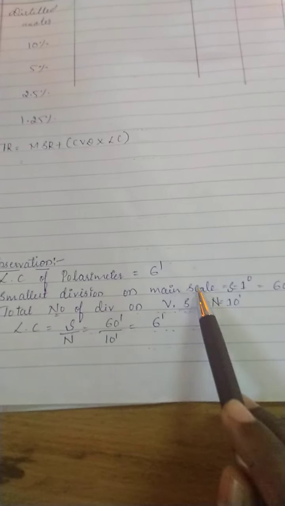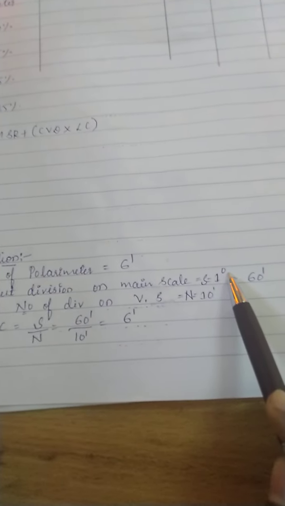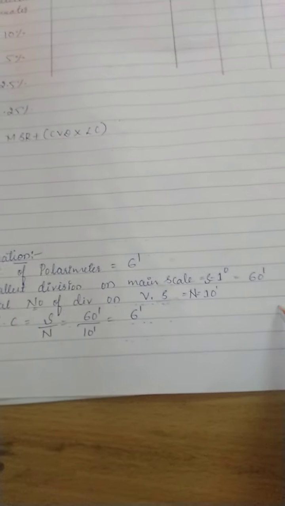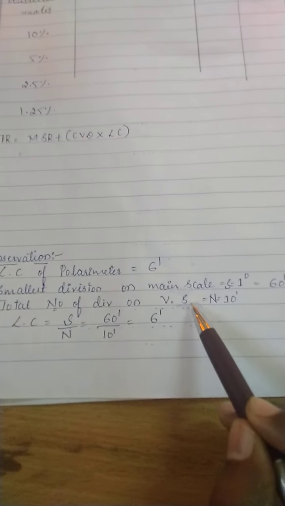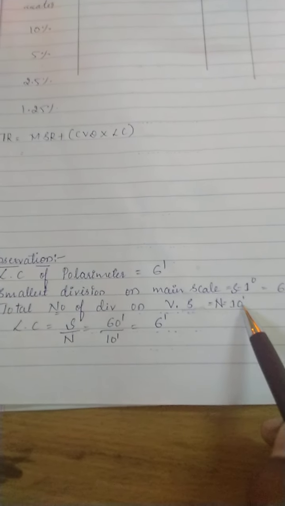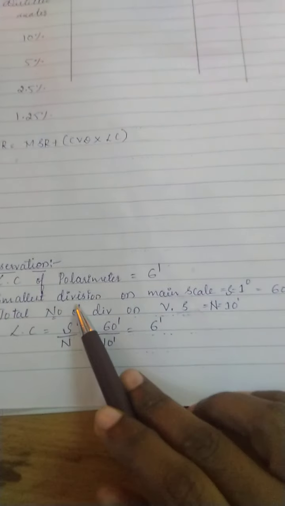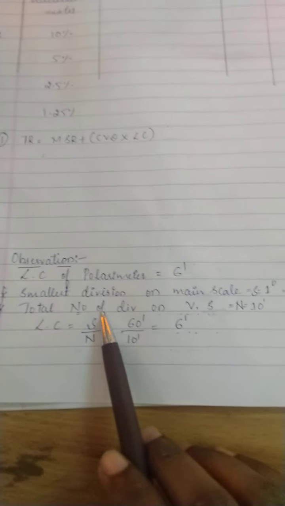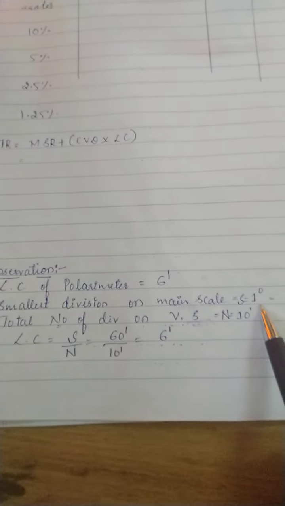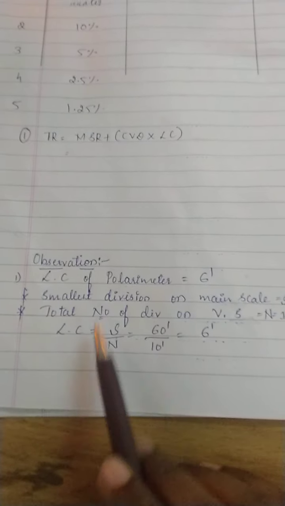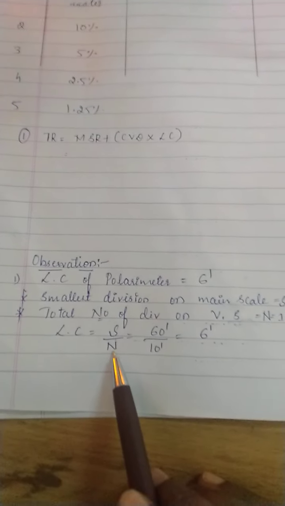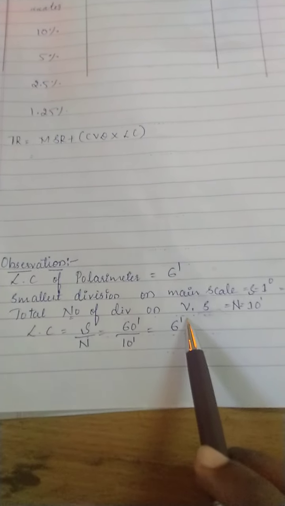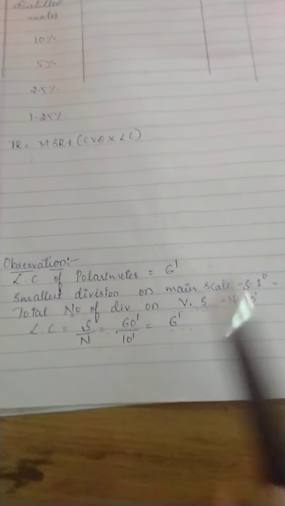As we know, 1 degree is equal to 60 minutes, and we are converting the degree to minutes because the vernier division is in terms of minutes. The least count of the polarimeter is equal to S divided by N, is equal to 60 minutes divided by 10, it is equal to 6 minutes. So this is about the least count of the polarimeter.